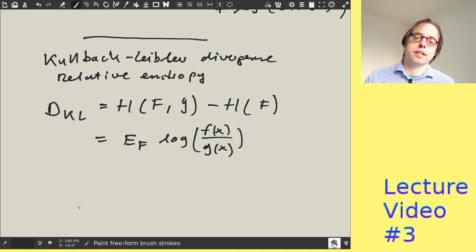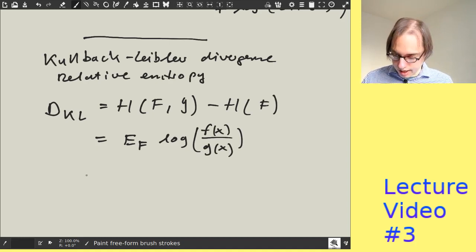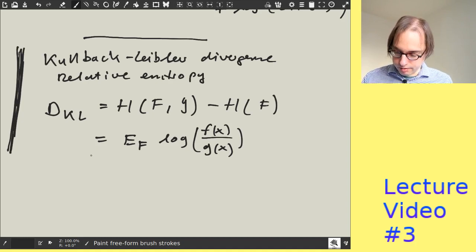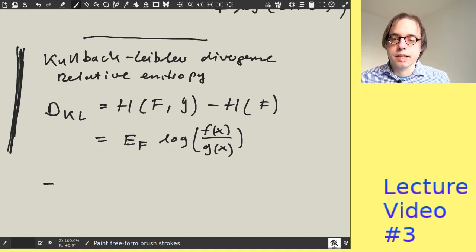So this is the Kullback-Leibler divergence, and it has some really nice properties. It is at the center of statistical inference actually. This is a really important quantity that you absolutely need to memorize. Basically this measures the amount of information that is lost if f is approximated by g.